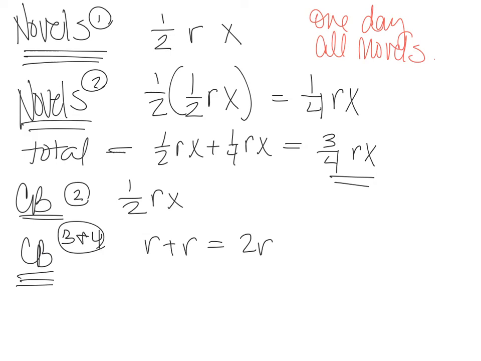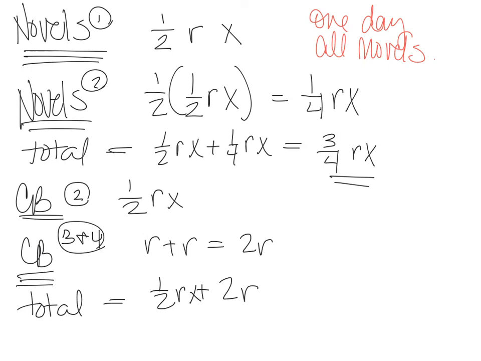And then the total number of cookbooks is 1/2 Rx plus 2R. Those don't match up very well. They don't all add up together because there's no X term in days 3 and 4 because we only had one cookbook. X was 1.